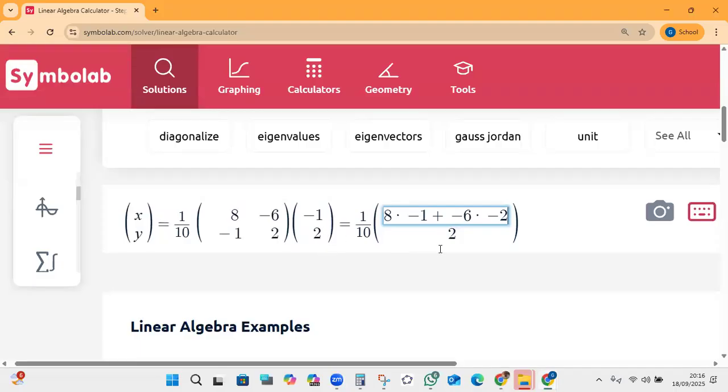And we do that now with the second row to the same column. So it's -1 times -1, plus the 2 times 2.